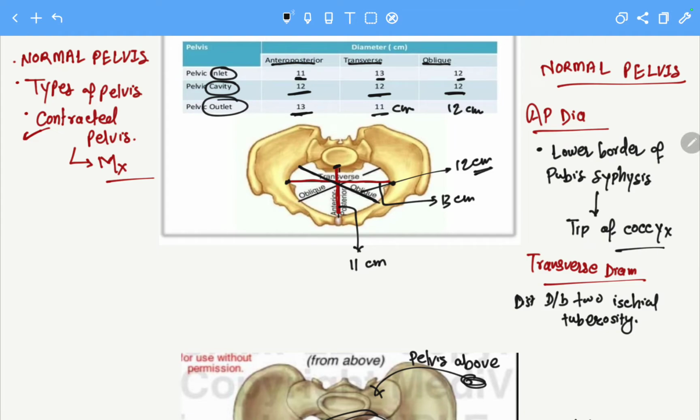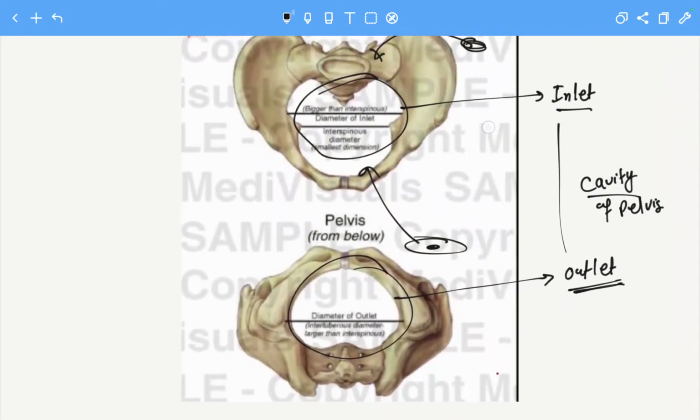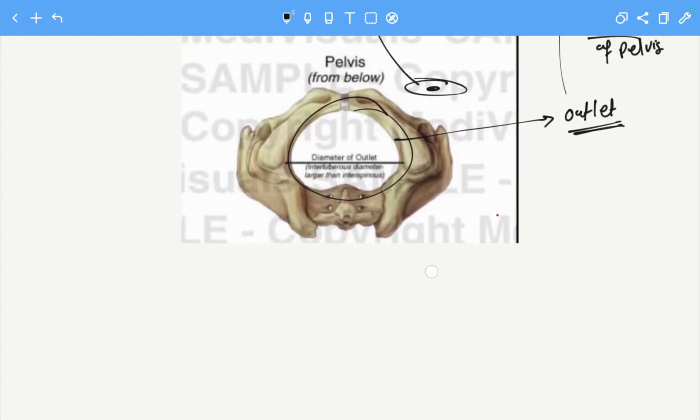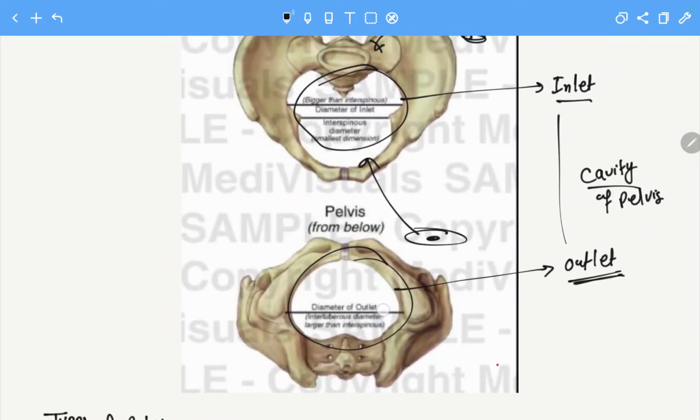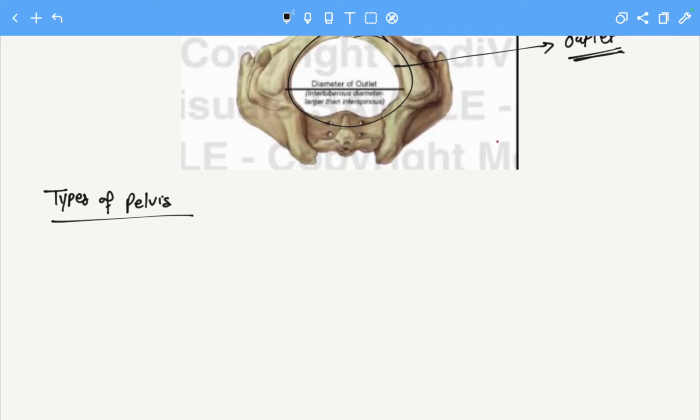Now let's discuss the types of pelvis. The pelvis that I have shown here is the normal gynecoid pelvis.